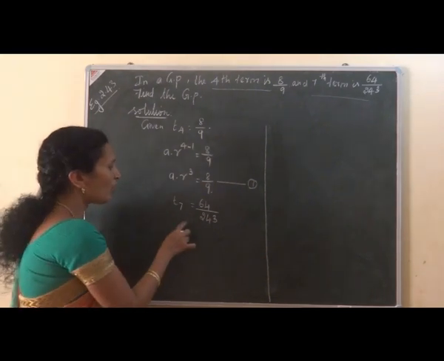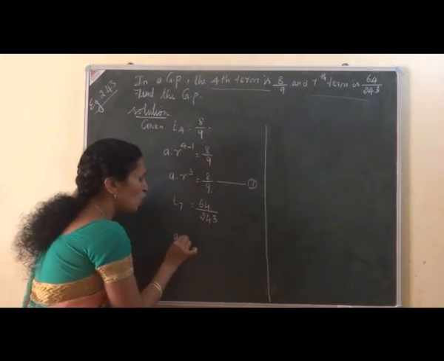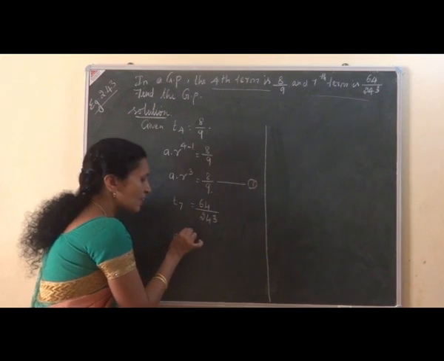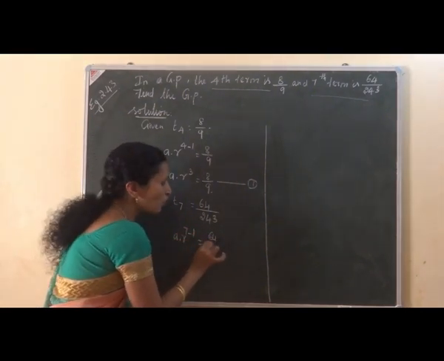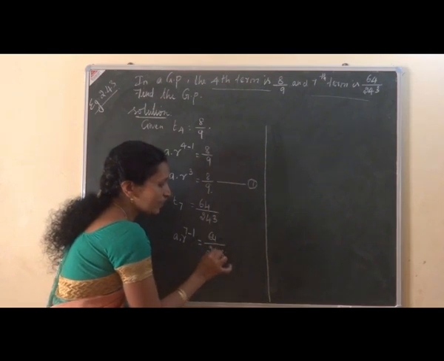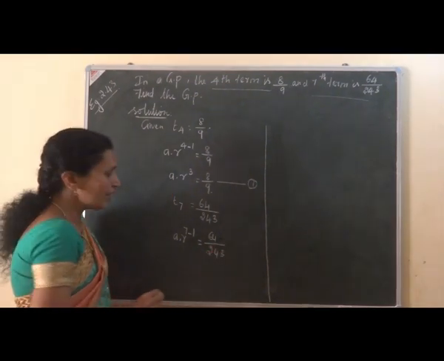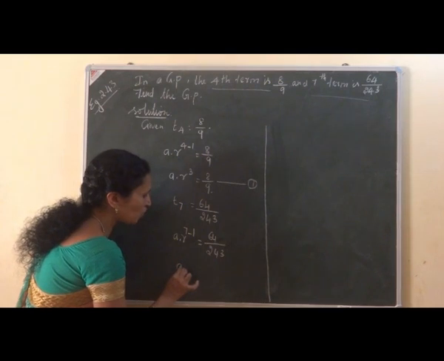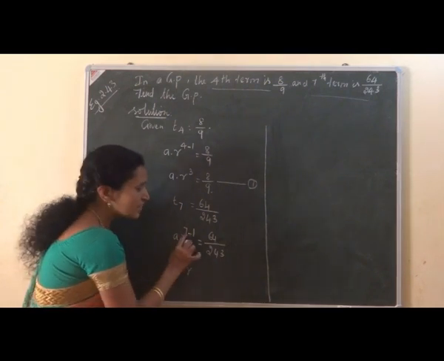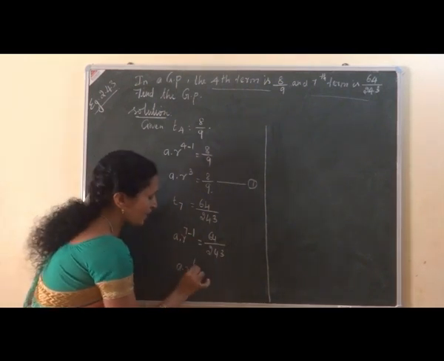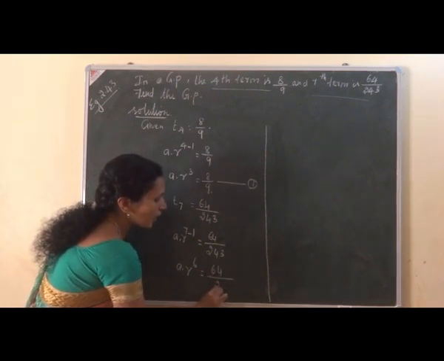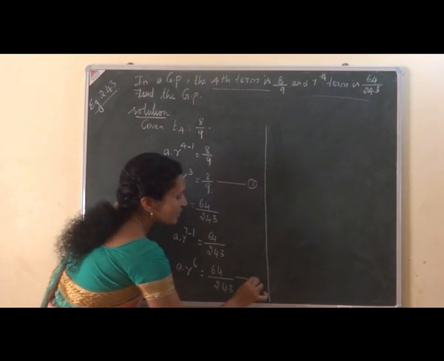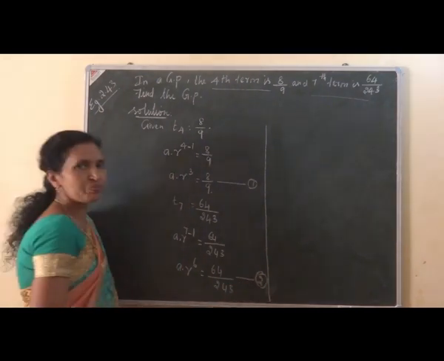Apply the formula: A into R power 7 minus 1 equal to 64 by 243. Now A into R power 7 minus 1, that is 6, equal to 64 by 243. This is equation 2.